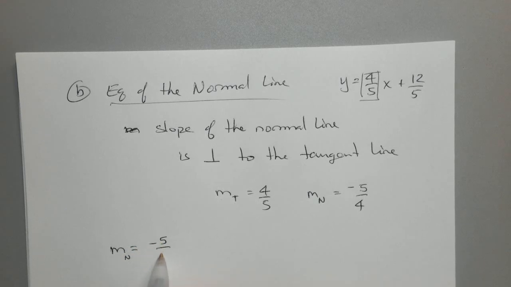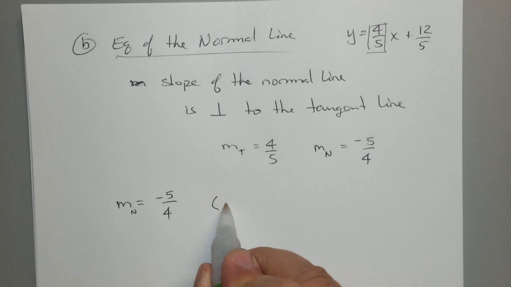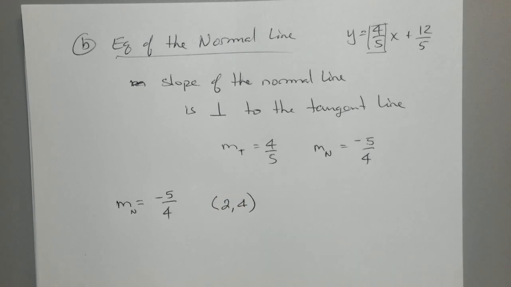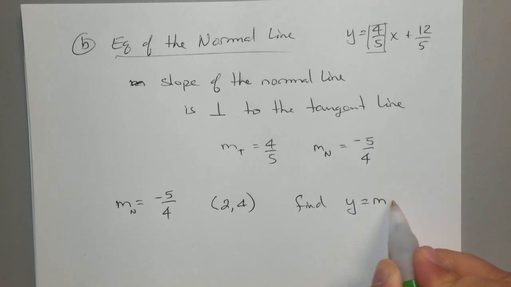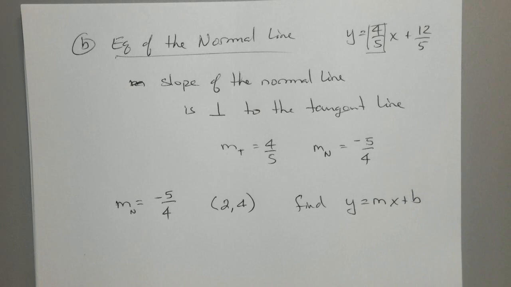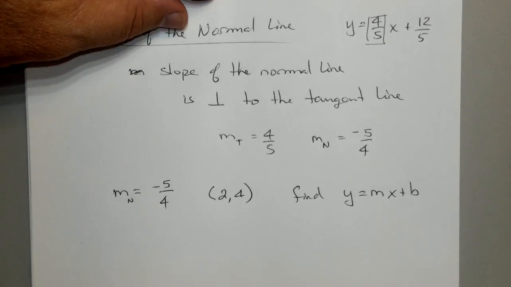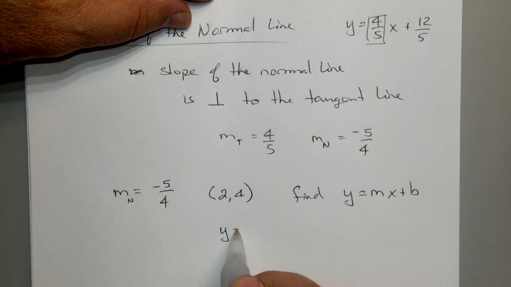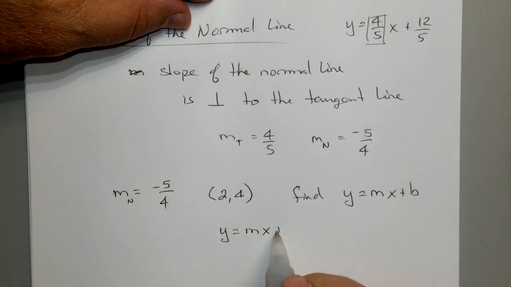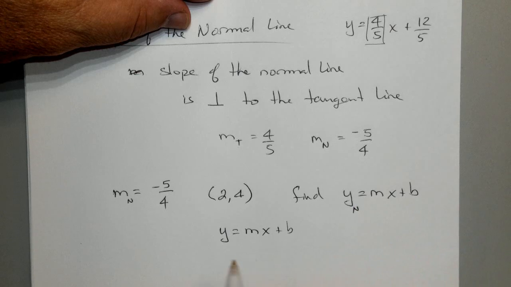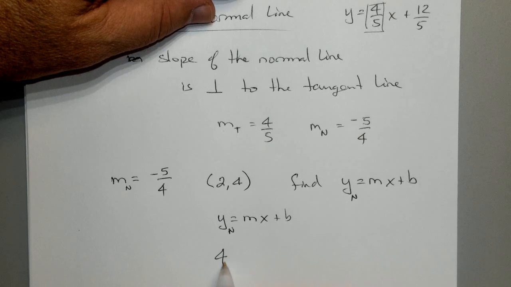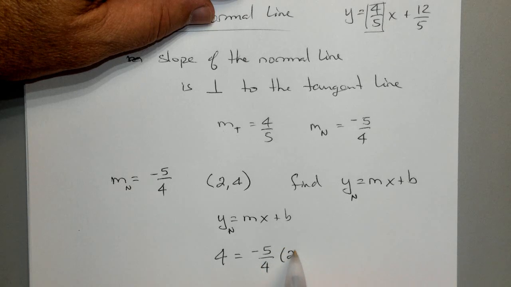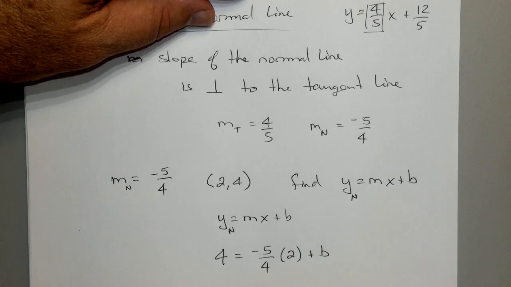So we have that. And we have the point it goes through. So we do the same thing. Find y equals mx plus b for the normal line. 4 equals negative 5 over 4 times 2 plus b.